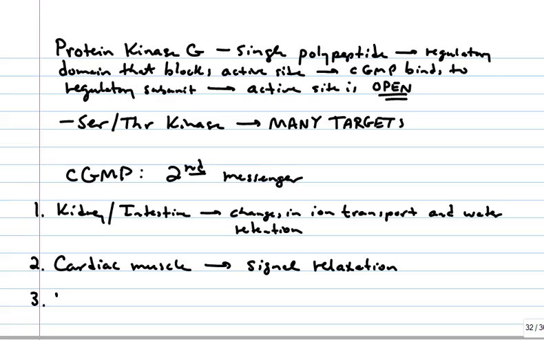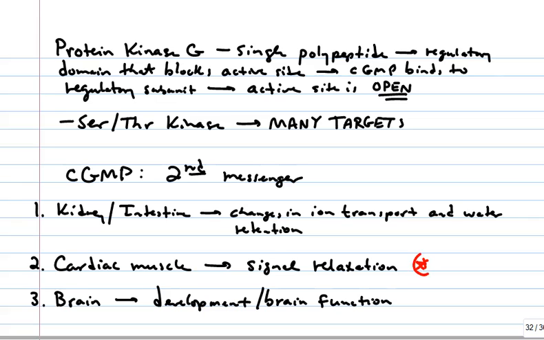And 3, the brain, it's involved in development and brain function. Development of the brain and in brain function. The one that I want to talk about the most here, on this next page, is cardiac muscle, in terms of how it is involved in what we're calling signal relaxation.